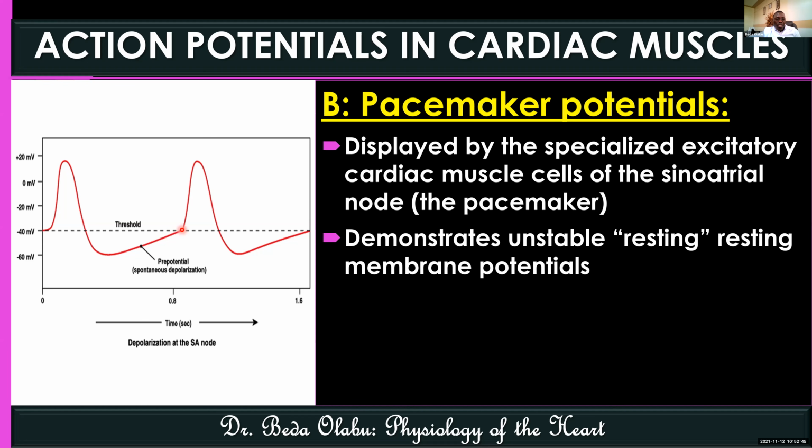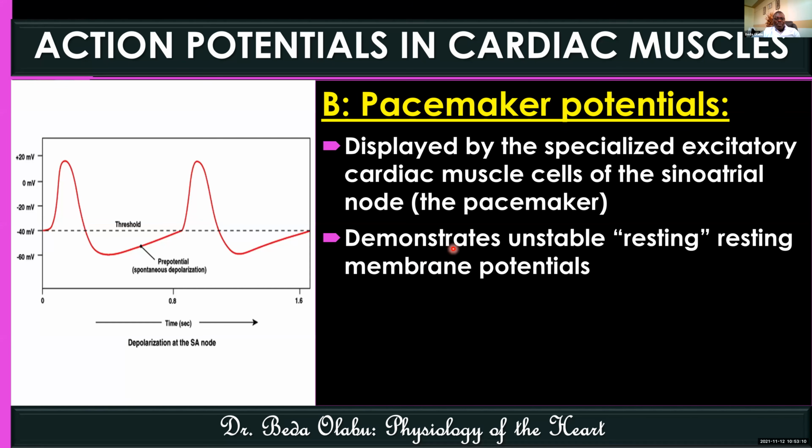What happens when the depolarization reaches a threshold? An action potential will be generated. And so that's generated. Another resting membrane potential, which is unstable. If it reaches a threshold, an action potential will be generated. We can follow the red line.